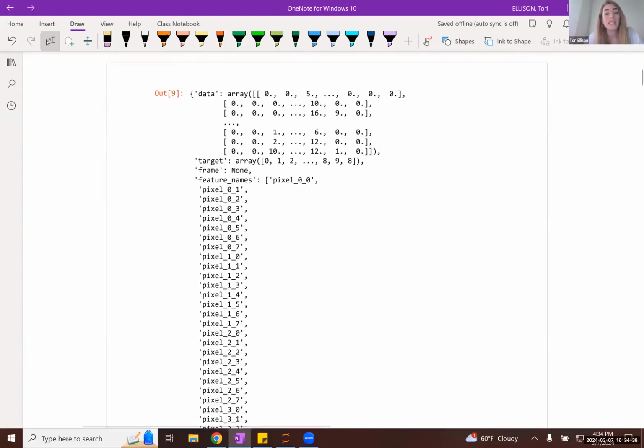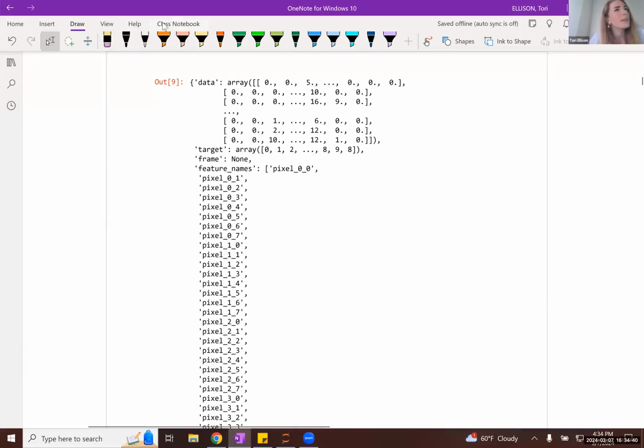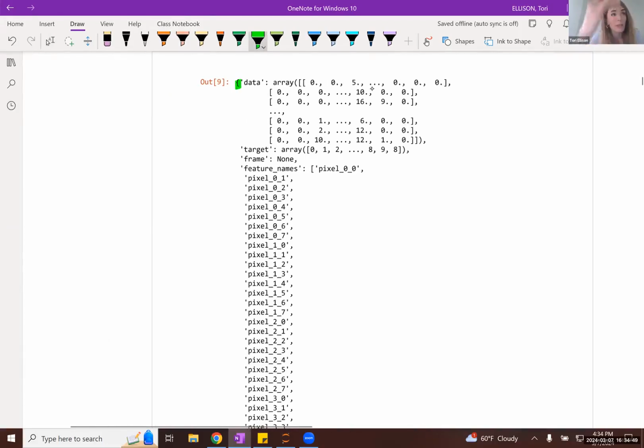A dictionary in Python is always defined by a set of curly brackets, with the contents of the dictionary within the brackets, and it always comes with a set of corresponding keys and values.